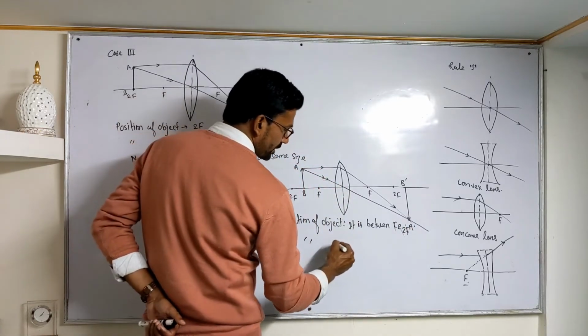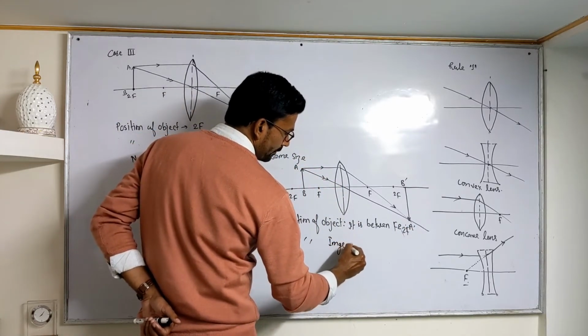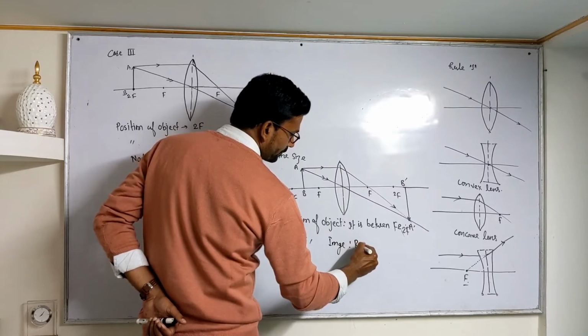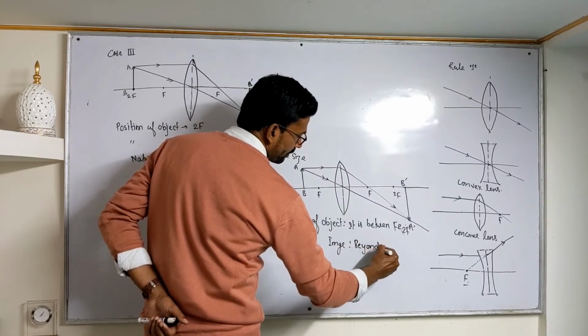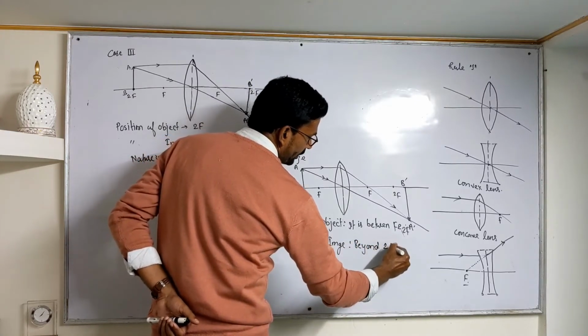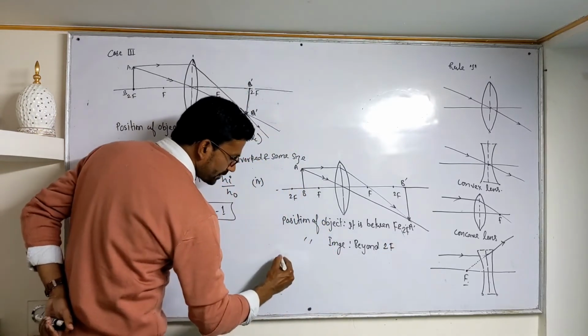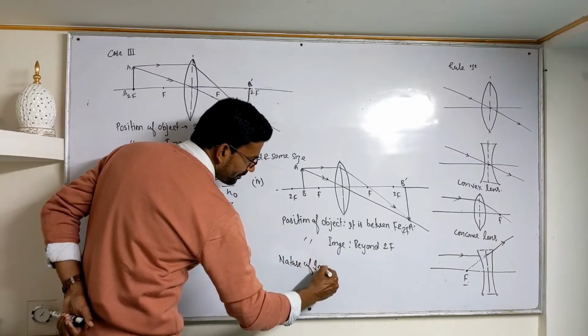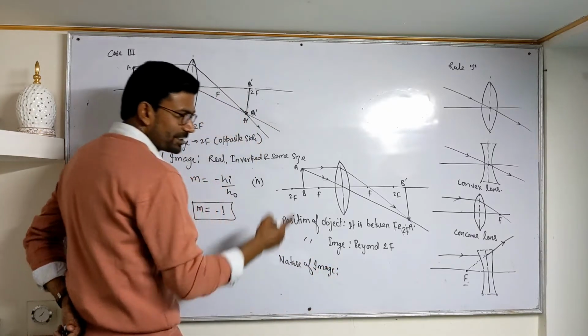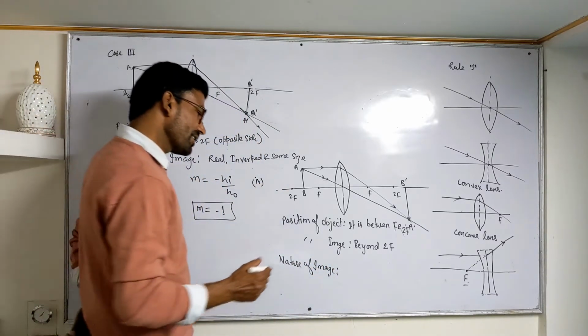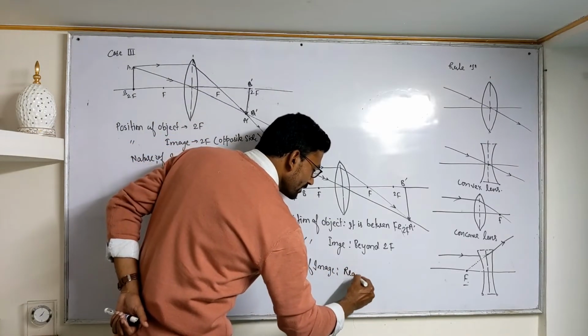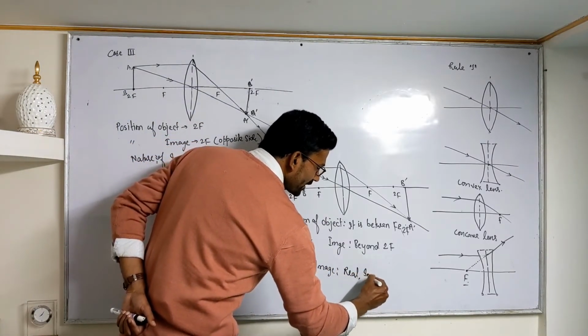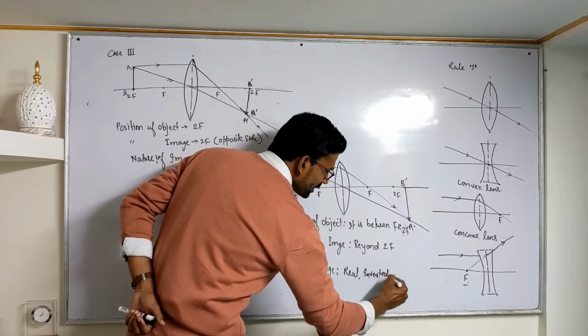Position of image: beyond 2F. Nature of image: we can see the nature of image, it is real, inverted, enlarged.